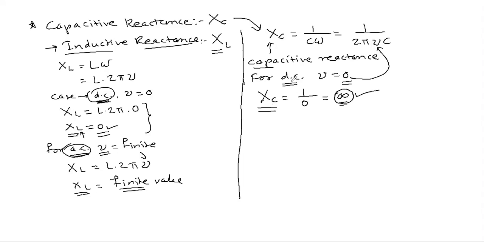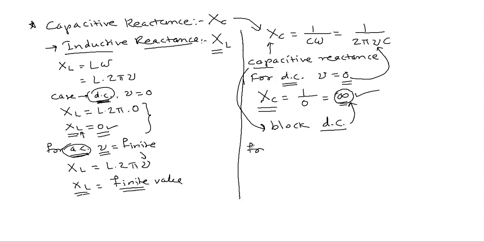That means it will not allow DC to pass, or this type of circuit will block DC, it will not let DC pass at all. Why? Because its capacitive reactance came out infinite.